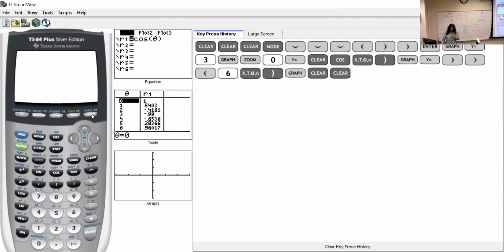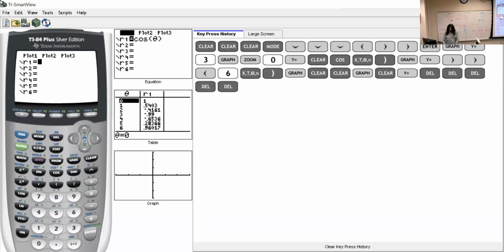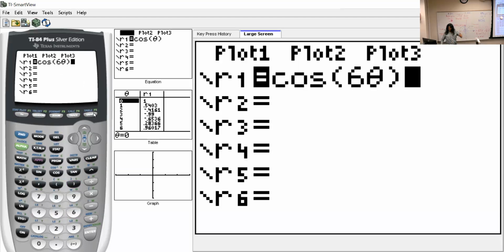One more time. Clear this and cosine 6 theta. Pay close attention. Ready? 3, 2, 1.